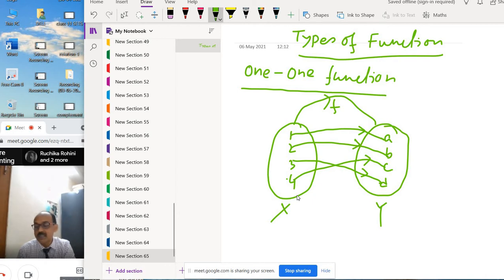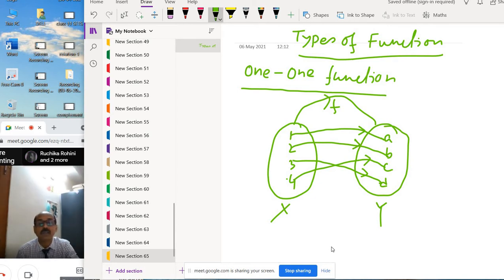So its images are distinct. See, the images of 1, 2, 3, 4 in the pre-image set: the image of 1 is a, the image of 2 is b, the image of 3 is d, and the image of 4 is c. So they are distinct images. So this is a one-one function.